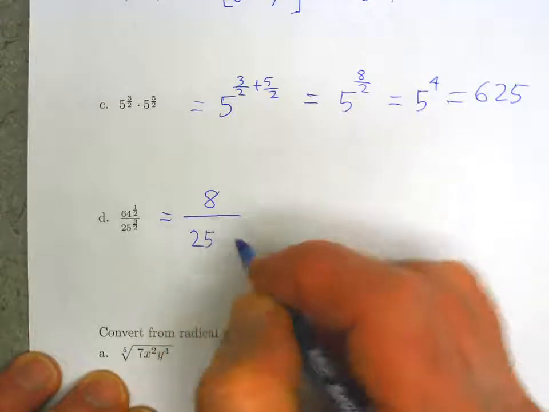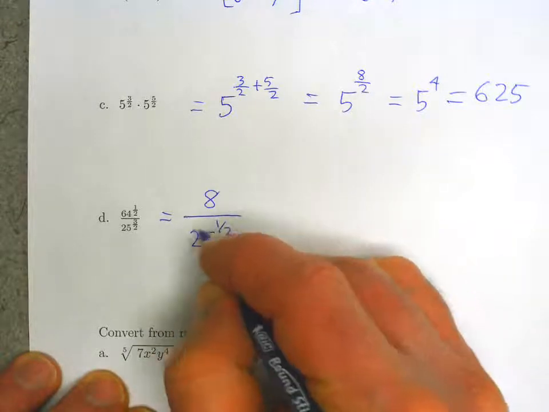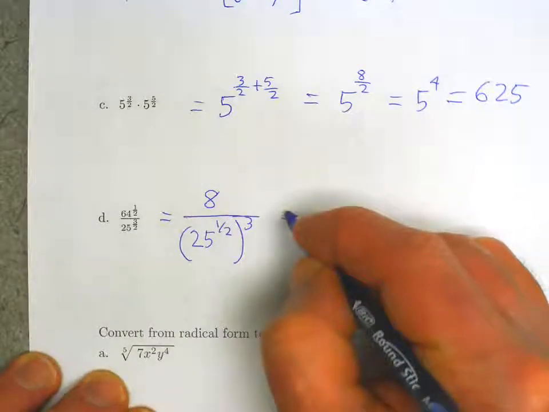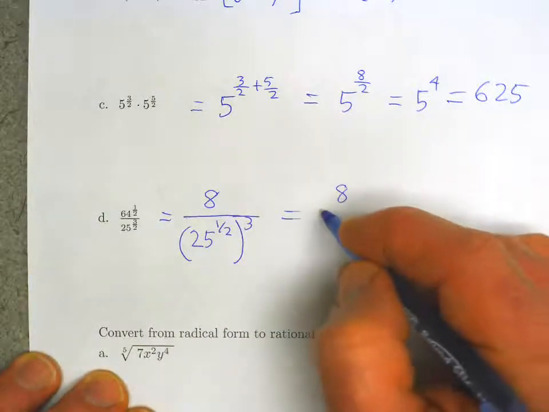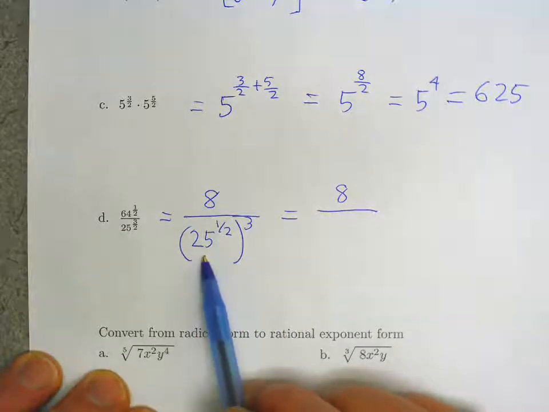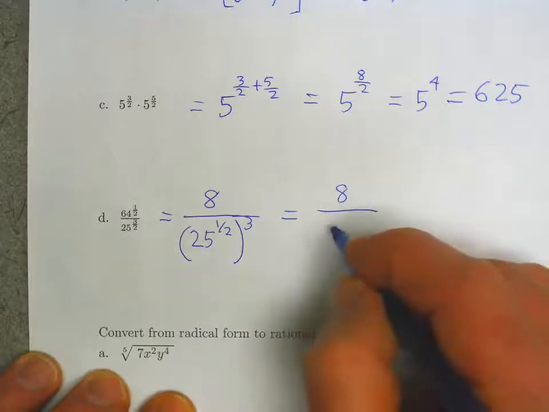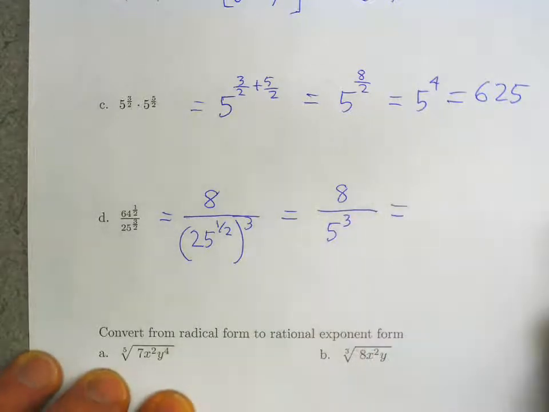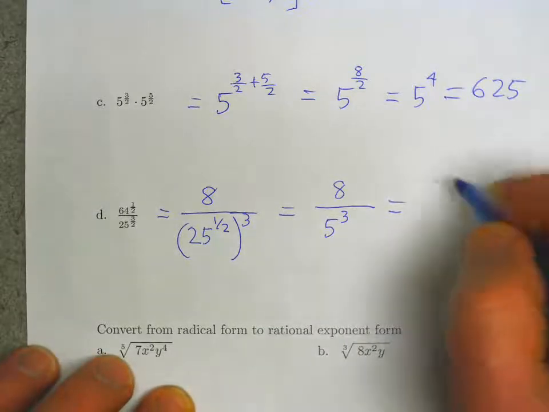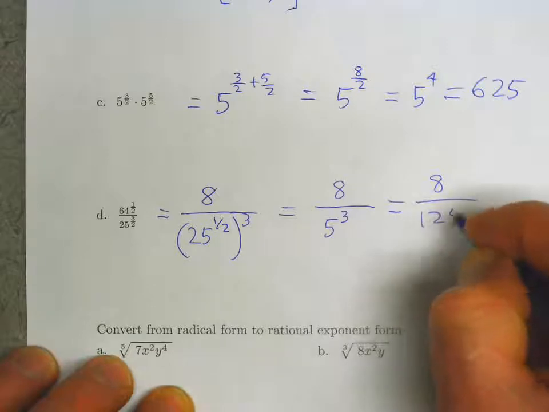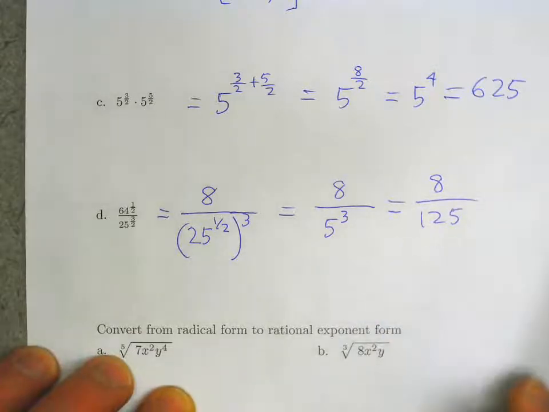So we can rewrite this as 25 to the 1/2 raised to the power 3. So the numerator is already simplified. In the denominator, 25 to the 1/2, that's just the square root of 25. So we get 5 to the 3rd. And we can evaluate 5 to the 3rd. So we get 8 over 125 is the simplified answer to that one.